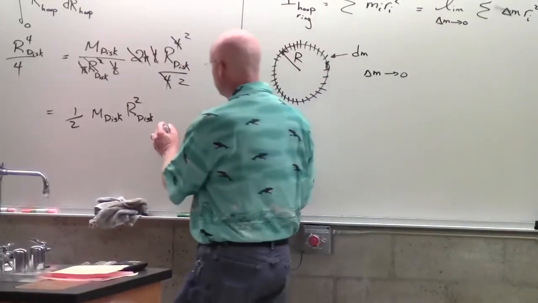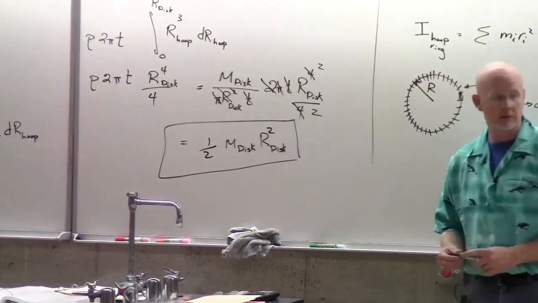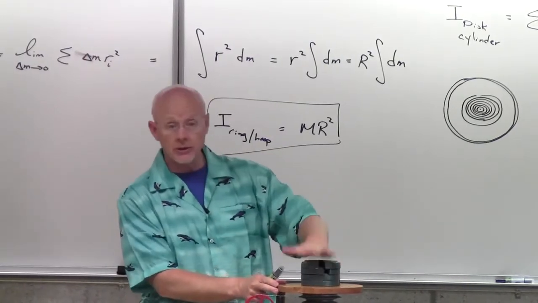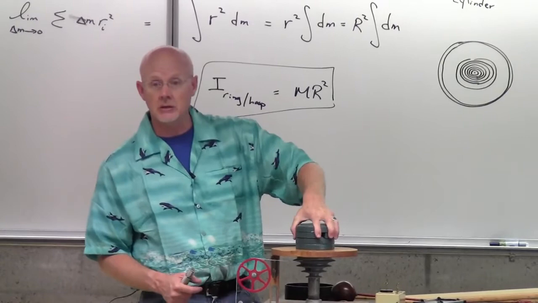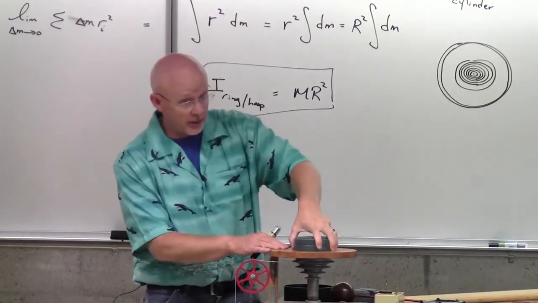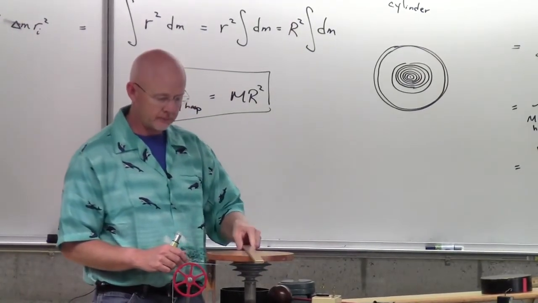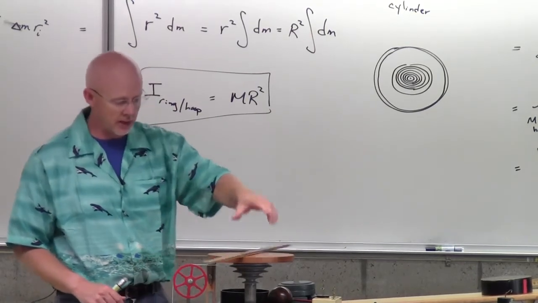I'll put a box around it and say, okay, there is the moment of inertia of a cylinder. And so I had a cylinder earlier on here when I was rotating it. Well, I know that can be a little bit hard. So how about we do something like a rod?